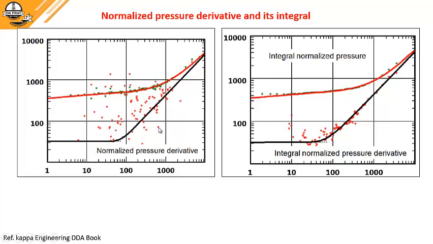You see here there is scattering, noisy data because we're using the equivalent time, which is defined like a cumulative over the rate at some time t. When we use pressures and we use time, you know the pressure is acquired with a frequency, let's say seconds if you want.